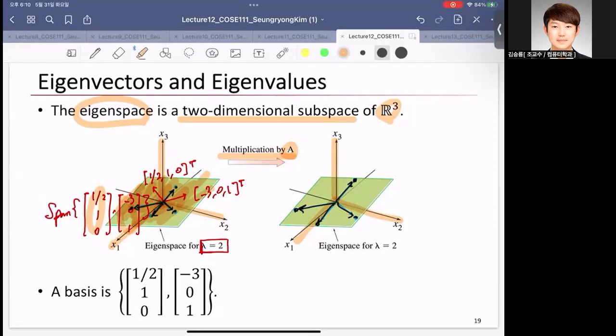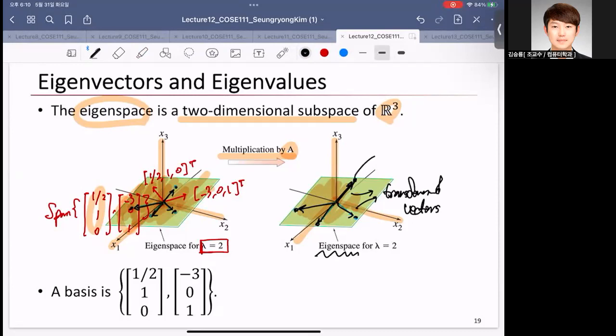So this transformed vector is still in the eigenspace.